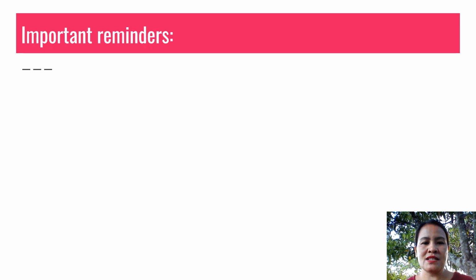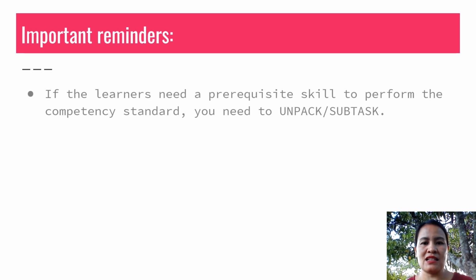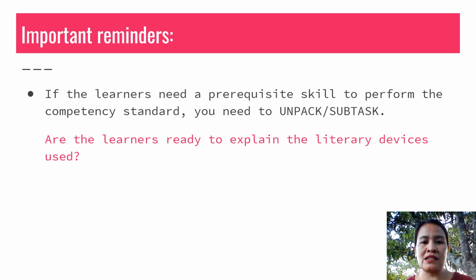If the learners need a prerequisite skill to perform the competency standard, you need to unpack or subtask. That's an important reminder for this session. So the question is, are the learners ready to explain the literary devices used? If not, then you need to unpack the learning competency.